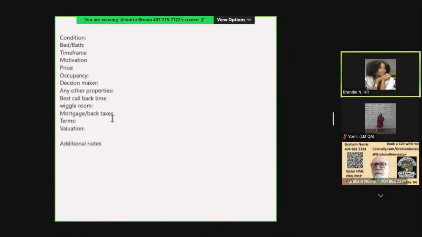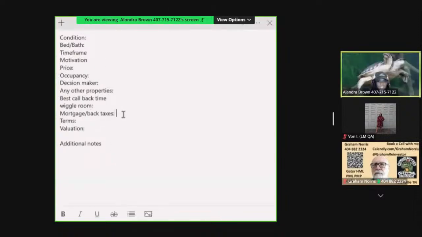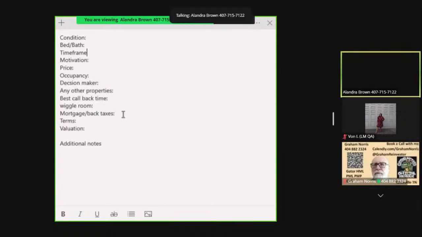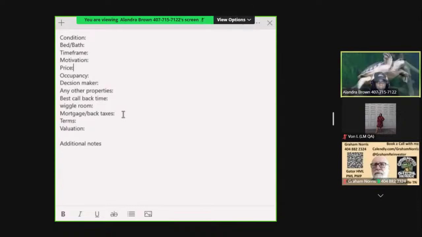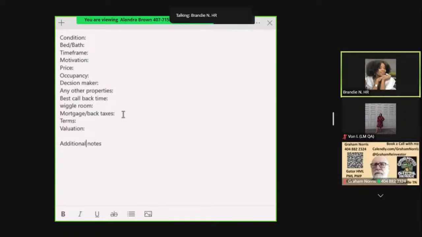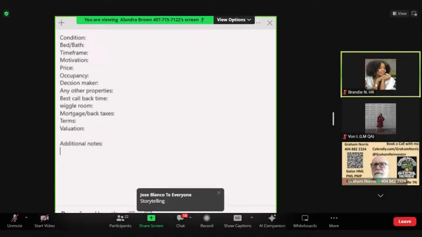Checking. Oh, you're using the paper. I thought this was off your memory. No, I mean I'm checking to see if there's something missing. Additional notes. Storytelling.